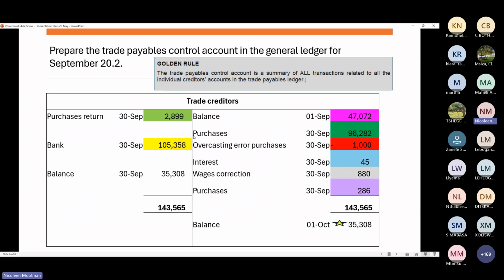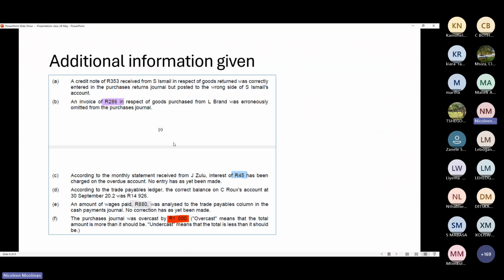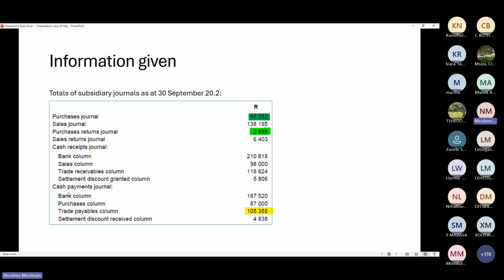Then the 105358 was also given to us in the information given, cash payments journal, trade payables column.